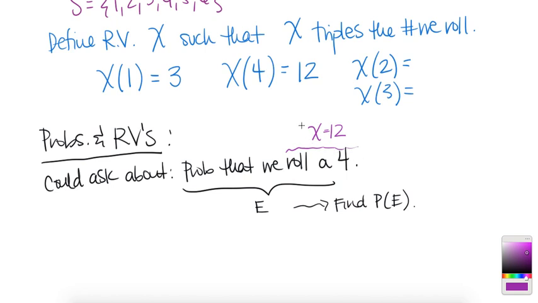So look at this, sort of nice, right? X is equal to 12. If we have our random variable notation built up, that's just nice mathematical notation. So instead of talking about probability of E, we can talk about the probability that x is equal to 12. And we know that that is 1/6, because there's 1 out of 6 options is rolling a 4.